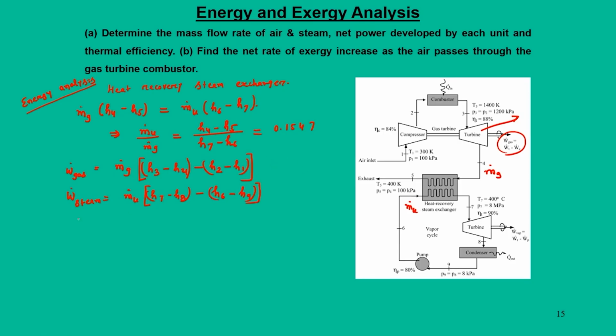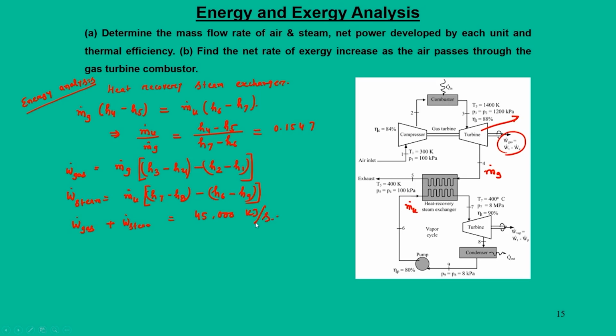And what has been given is that W dot gas plus W dot steam is equal to 45,000 kilojoule per second, that is kilowatt.